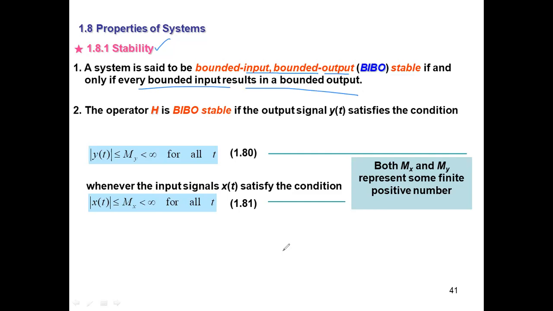What does that mean? Now say, let me take a system y of t equal to t into x of t. What this means is, let me describe this by, say x of t is the price of 1 kg of rice.